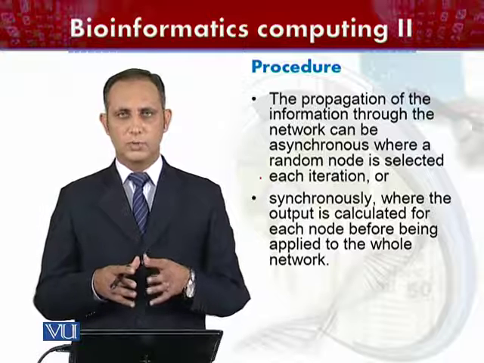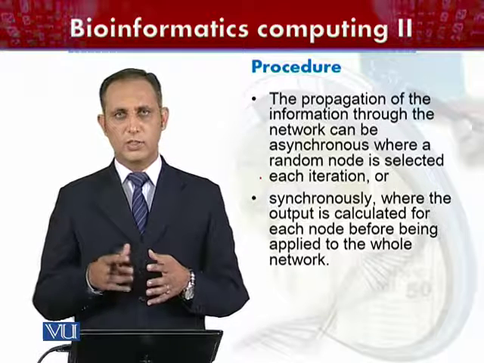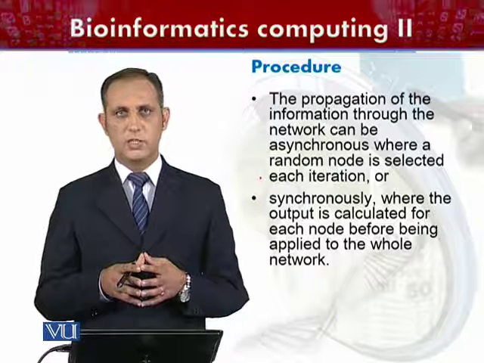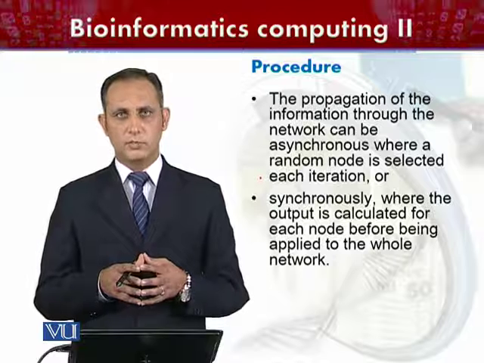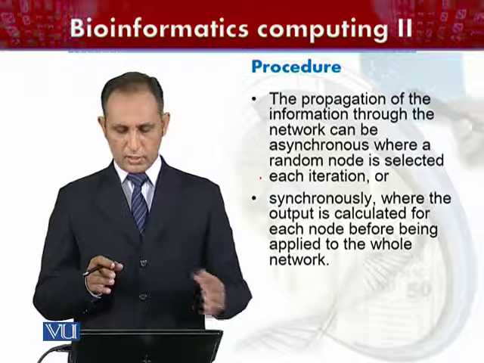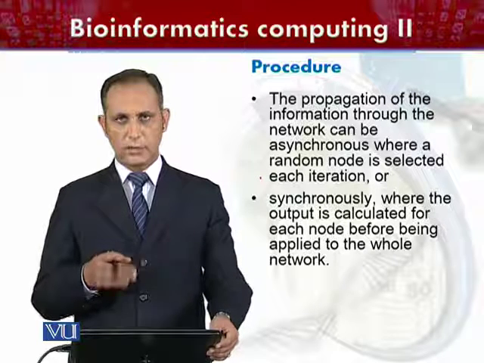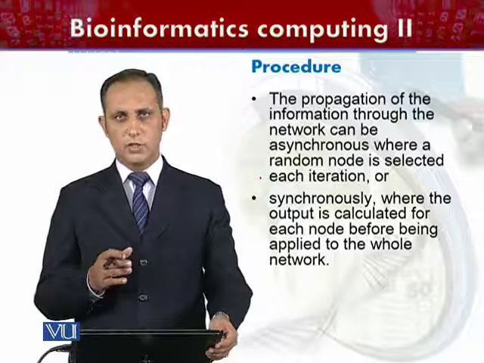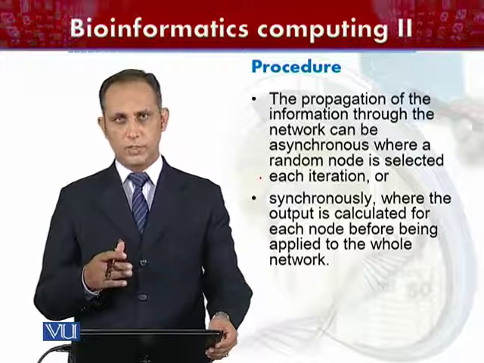So the difference between the two is that in the asynchronous case the selection is random, while in the other case there is a calculated selection of the output or the selected vector.